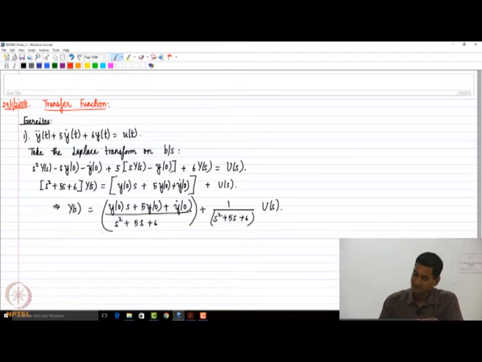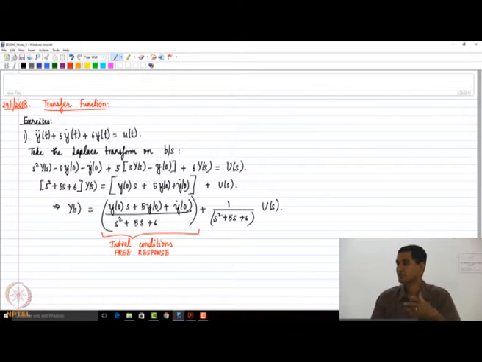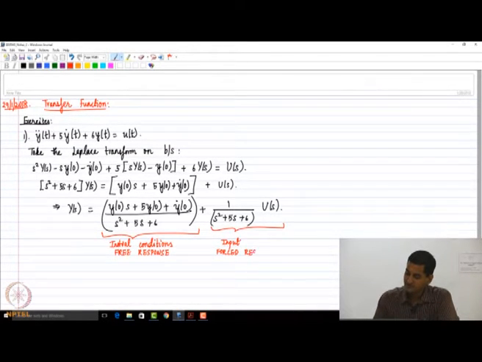The first component is due to the initial conditions, y0 and y dot 0, and we will revisit these terms; that is what we call the free response, the response of the system due to non-zero initial conditions. The second part is the output of the system due to the input, and that is what is called the forced response of the system. So these are 2 components of the output.